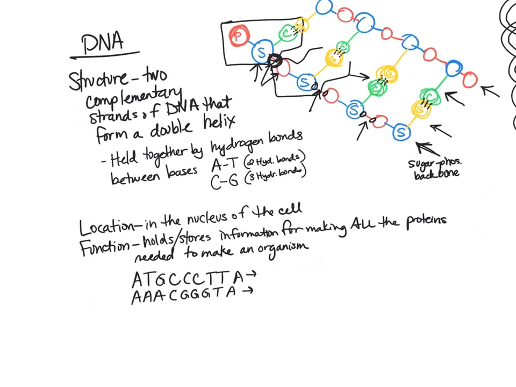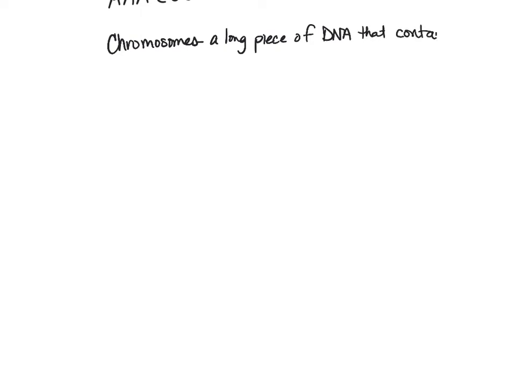So just a little bit more information about DNA is that DNA is stored in chromosomes. So a chromosome is a long piece of DNA that contains several genes. So our chromosomes are long, long pieces of DNA, and they contain several genes.